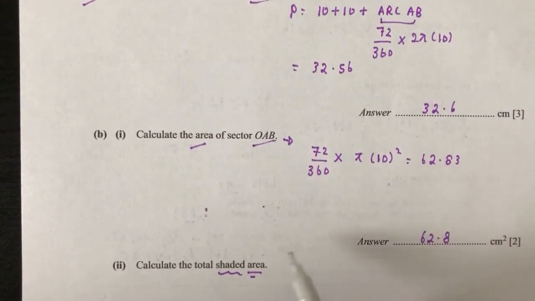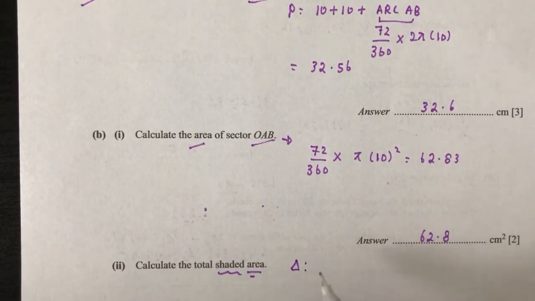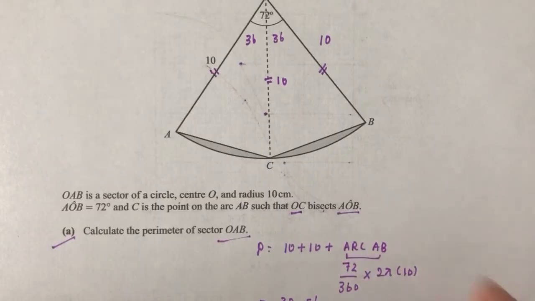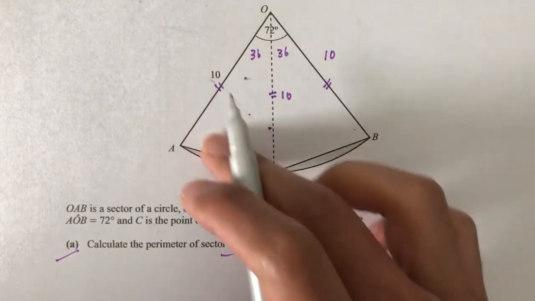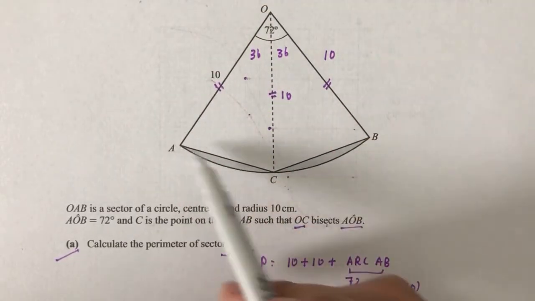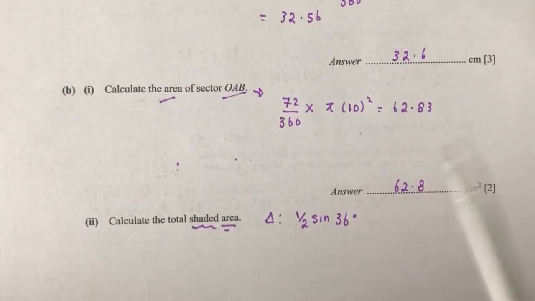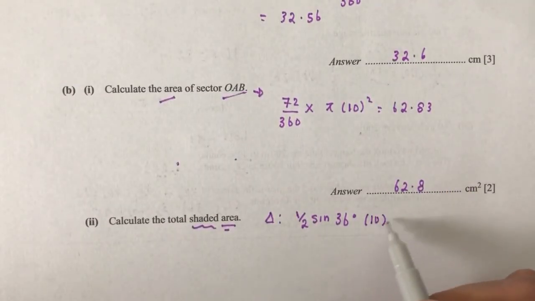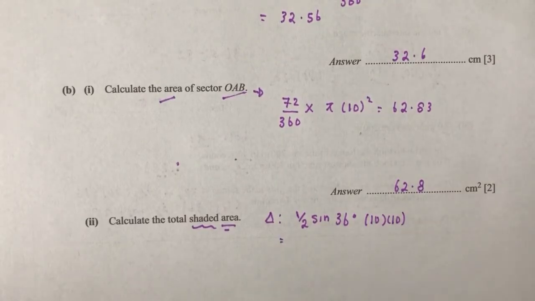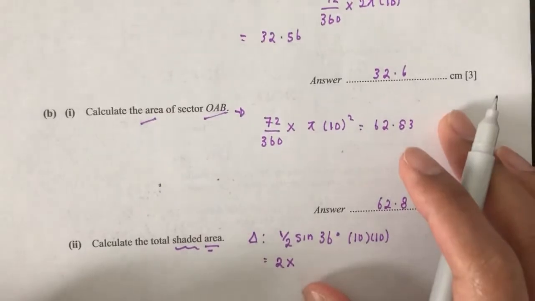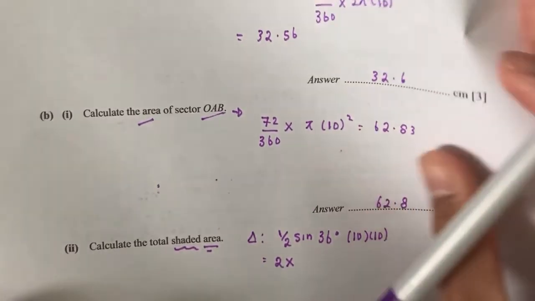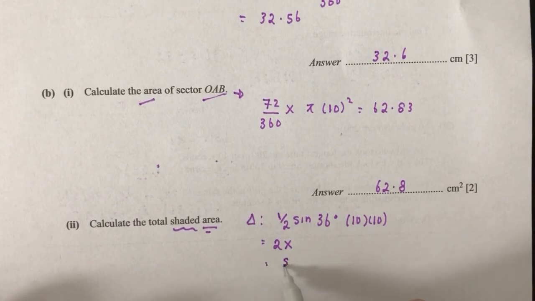So how do you find the area of a triangle? We have to use the sine rule, which is half sine of 36. First we find the area of this small triangle, OAC: half times sine of 36 times 10 times 10. If you times this by 2, we have this one and this one, so half times 2 will be cancelled, and we have sine of 36 times 10 squared.